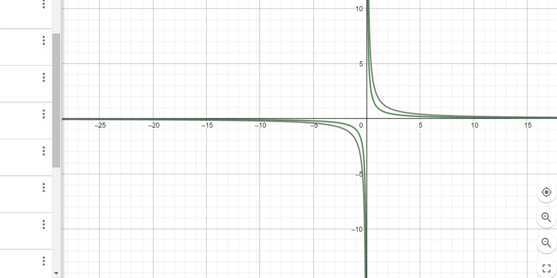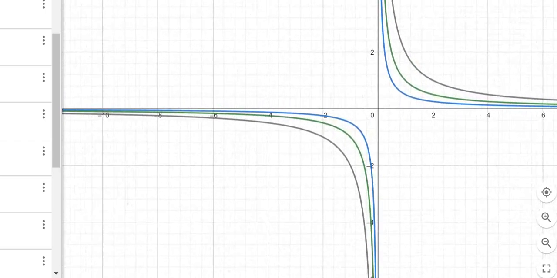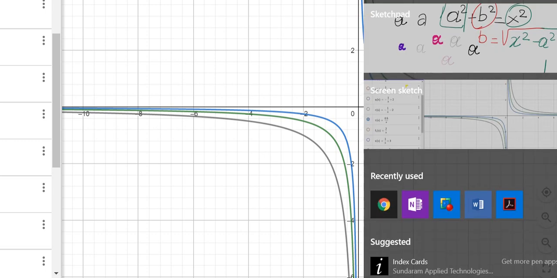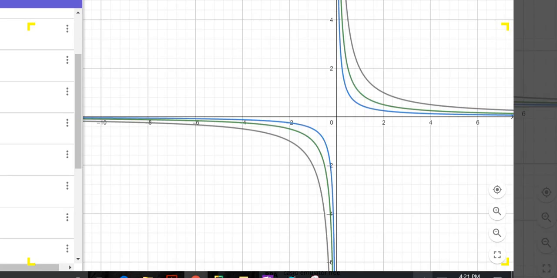So it moves further. What if it comes smaller? 0.5 times, half of the previous one. It will go closer to the x-axis. So let's see that. I will make it bigger, and I will write here on the sketchpad for you to understand.